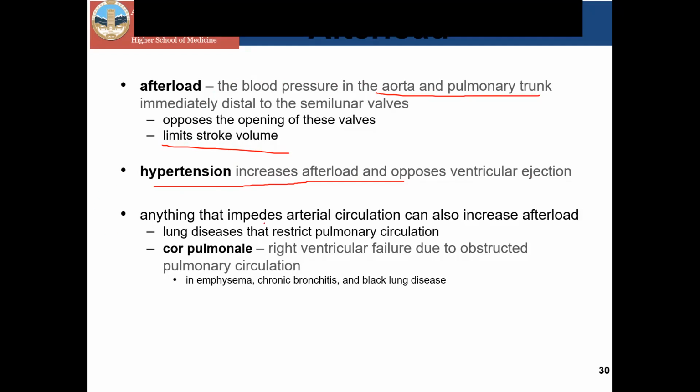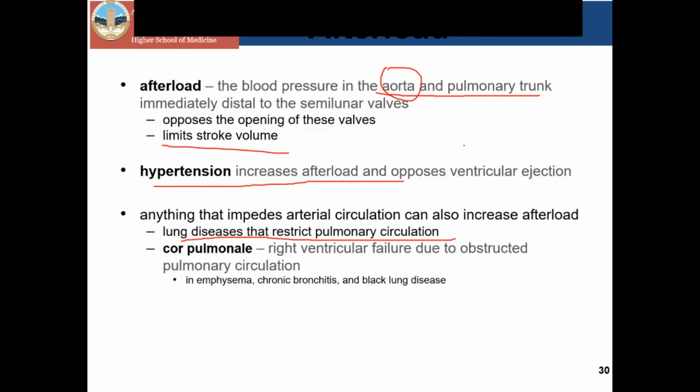And anything that impedes arterial circulation can also increase afterload. Lung disease, for example, restricts pulmonary circulation, which is called cor pulmonale. When we're talking about the aorta, it's body pressure, for example high hypertension. If we talk about the pulmonary trunk, it's hypertension in the lungs.